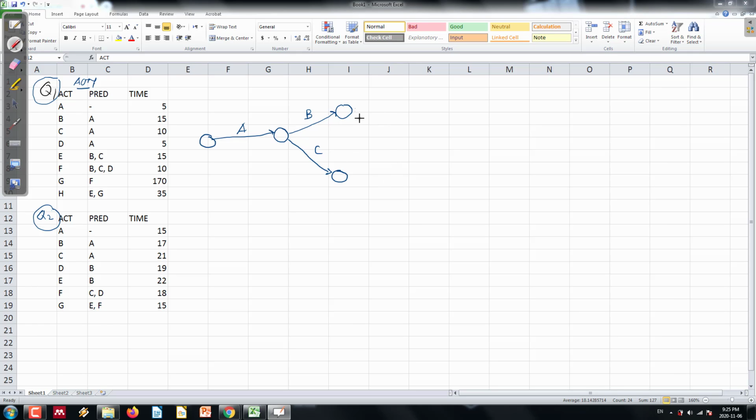This one will be E. This one will be D. But F will be from C and D, so we will merge C and D all together, making it into one node, probably over here.